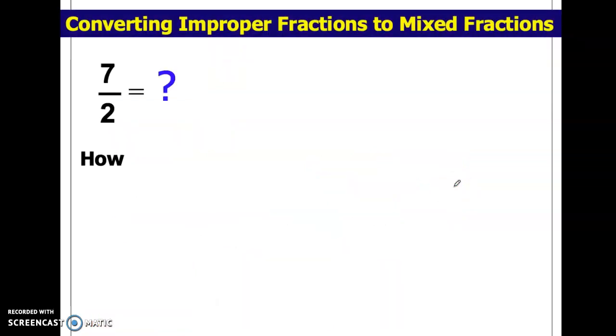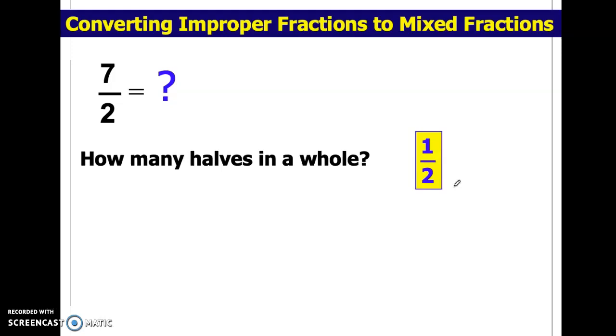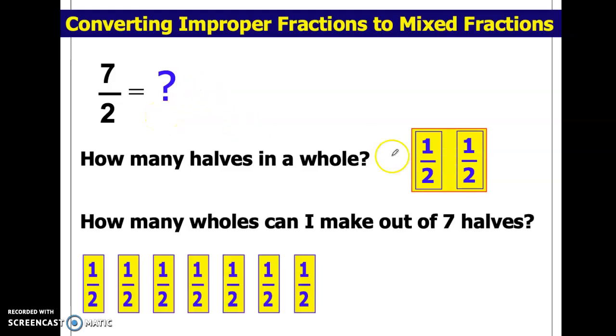Now let's try it the other way. This time we're gonna take improper fractions and convert them to mixed fractions. So we have 7/2. Well, how many halves make up a whole? 2 halves make up a whole.